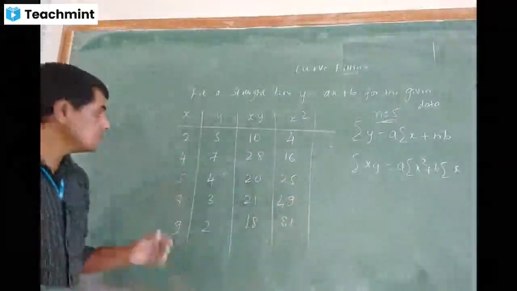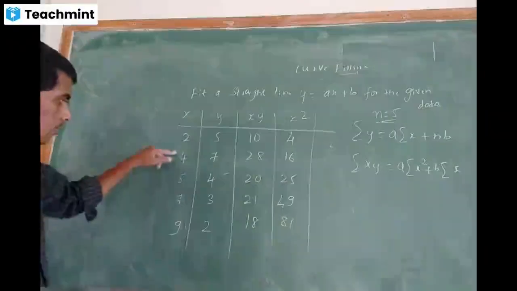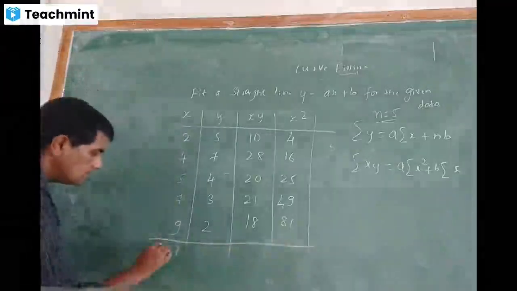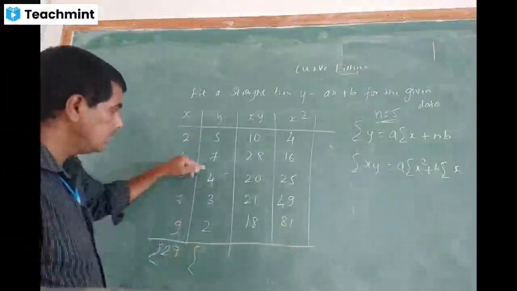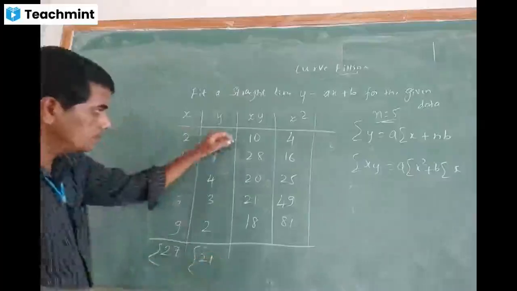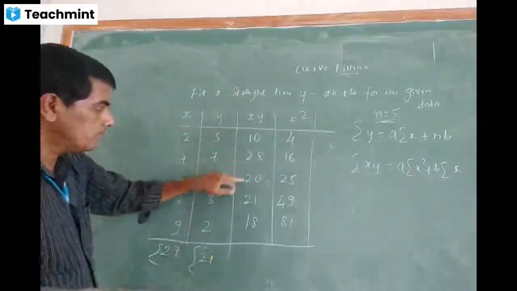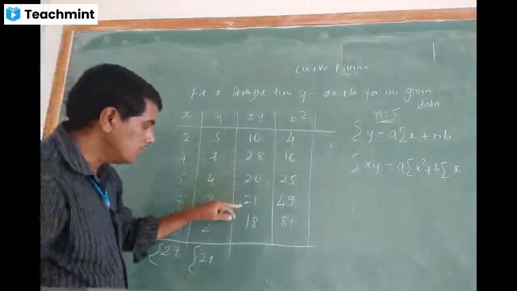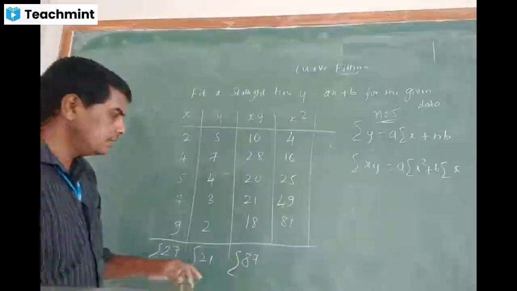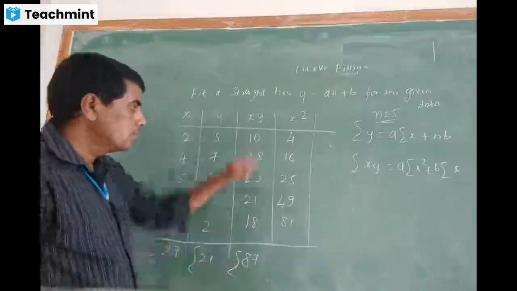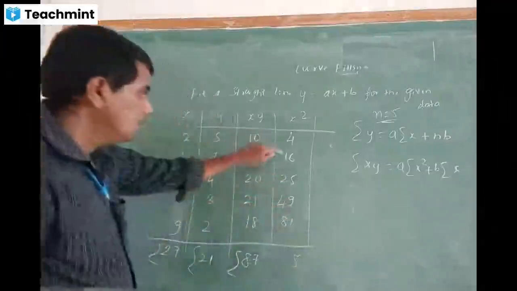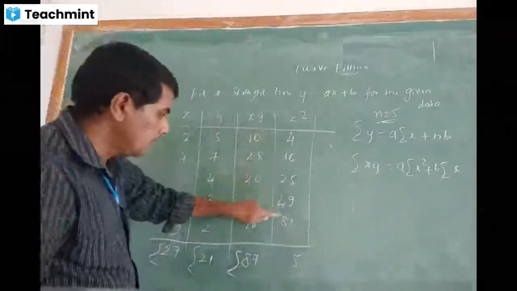So now we can find the summation values. The summations are 27 for x, and 21 for y.